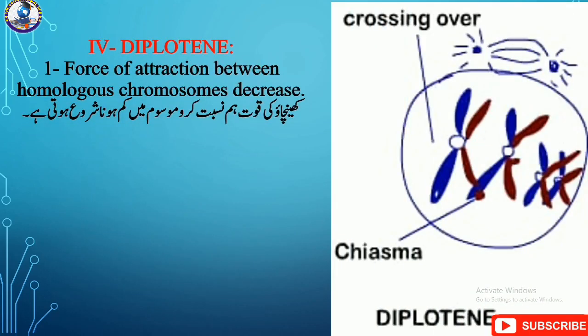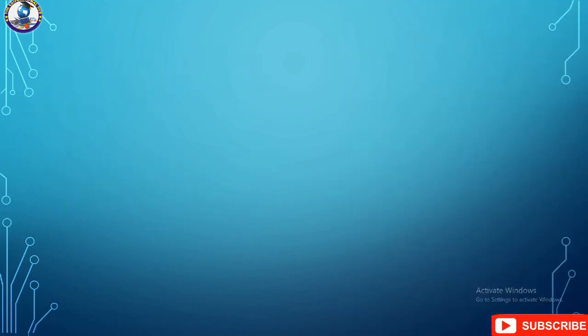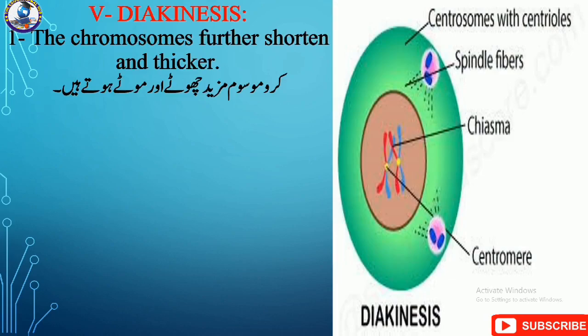The fourth substage of prophase 1 is diplotene. In diplotene, the force of attraction between homologous chromosomes decreases. Homologous chromosomes start to separate, but they remain attached by chiasmata. The last stage of prophase 1 is diakinesis.